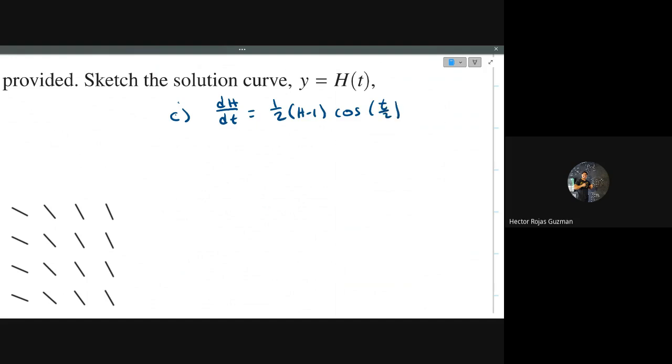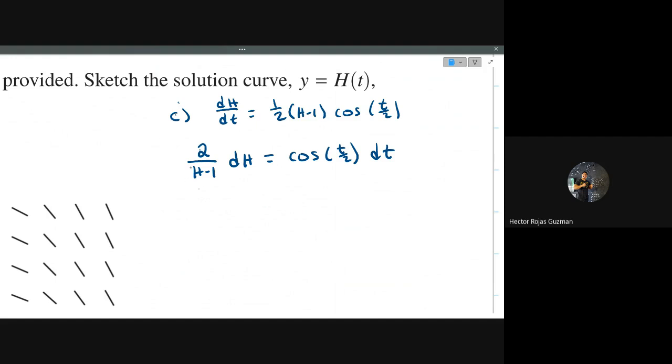Okay, first we're going to separate the variables. I'm going to multiply both sides by 2, and I'm also going to divide by h minus 1. At the same time, I'm going to multiply by dt. Now think about how you would do it step by step if this confused you. Okay, moving forward.